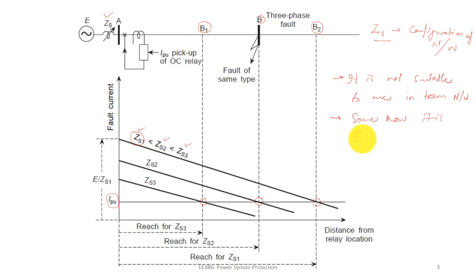It is suitable to use in distribution network, because in distribution network we know that there is no issue of stability, because this is mostly a passive network.